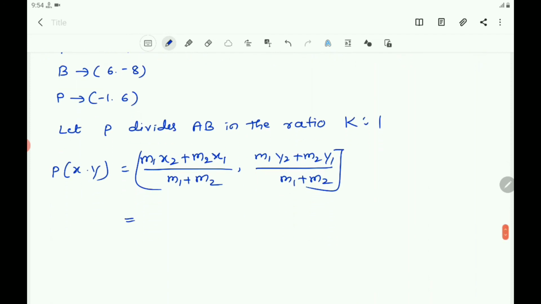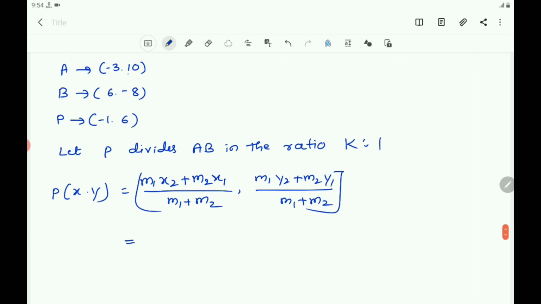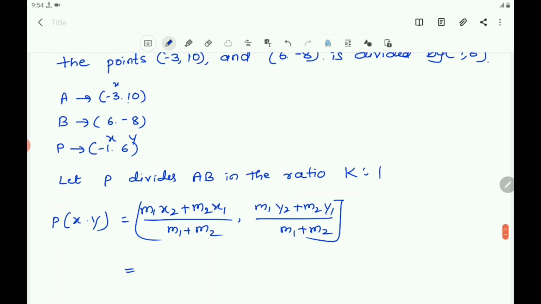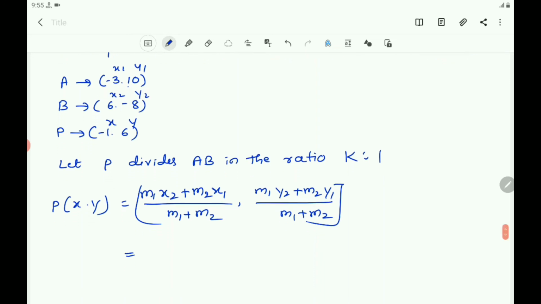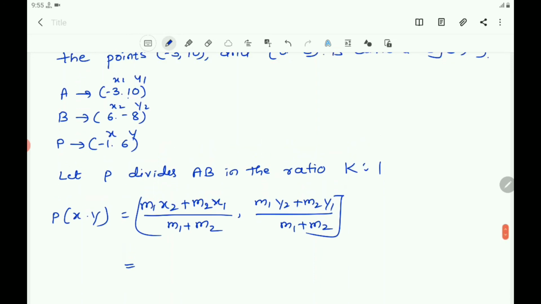For P of (x, y), these are x and y, this is x1, y1, and x2, y2. Then you write the value of P, which point is it, (-1, 6). So directly you can write (-1, 6).